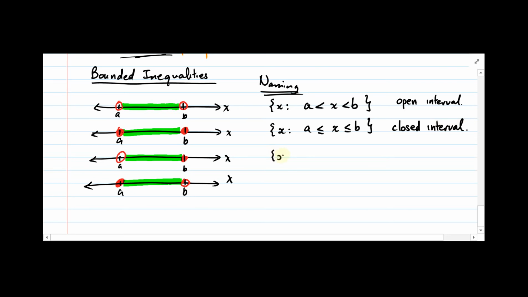If we look at the third one, at A it's open, but at B it's closed, and vice versa for the fourth one. So we have a less than or equal to sign and a less than sign. Both of these are called half open.